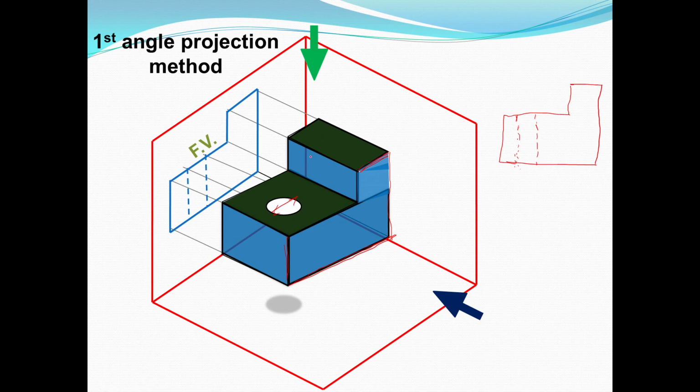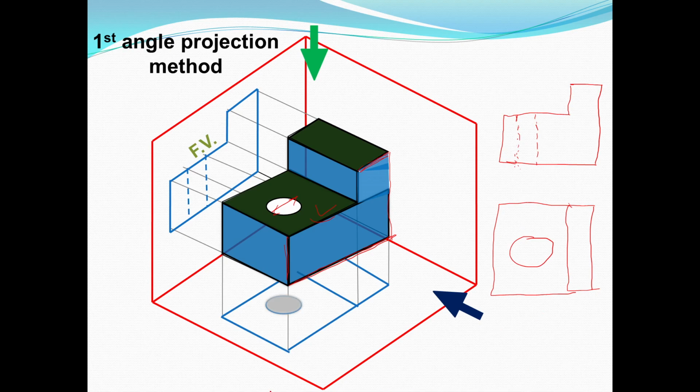If you are looking from the top, you can see it like this: a rectangle body, somewhat a square type of body. Another surface connects to this surface, and there is a hole on this square surface. So this is called the top view. These are the projections we are getting from the top side on this horizontal plane. So this is the top view of this object.